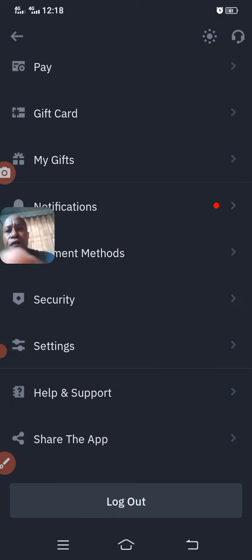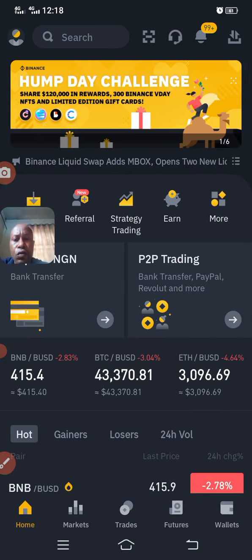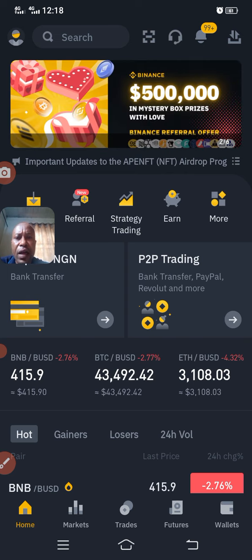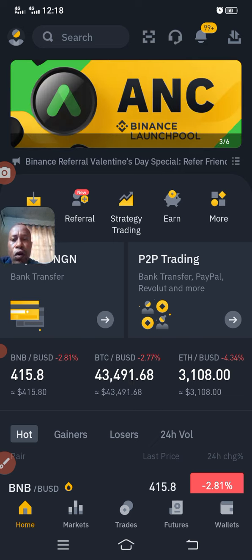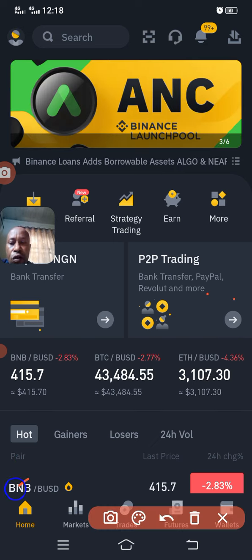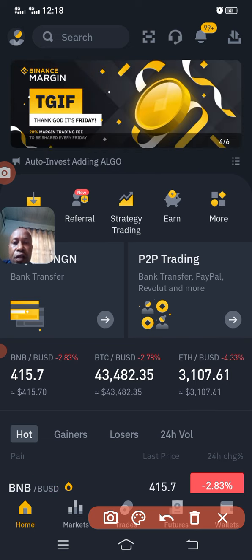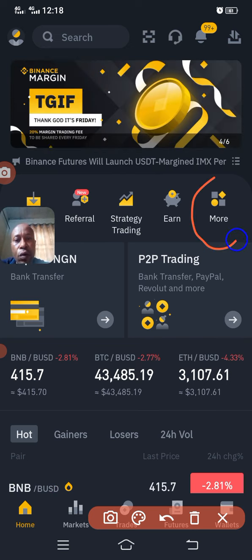So moving forward, you have to scroll back, and inside the Binance app here, for you to see other things that Binance offers, all you need to do is to come to the home page. This is your home page. Once you're on the home page, you will see more. Look at more.